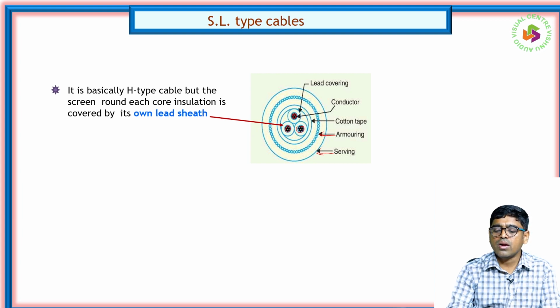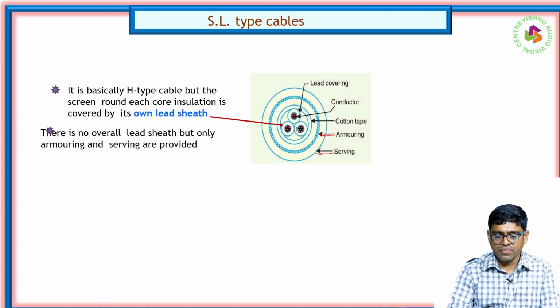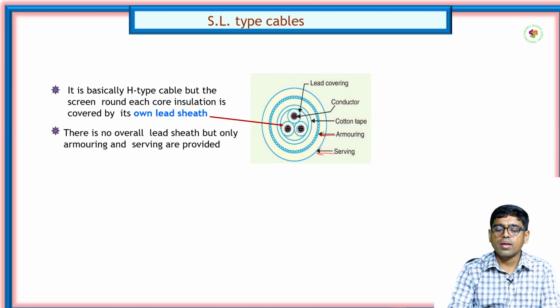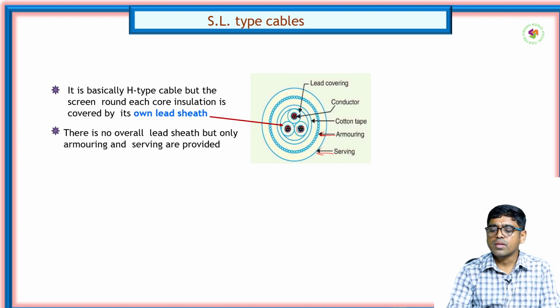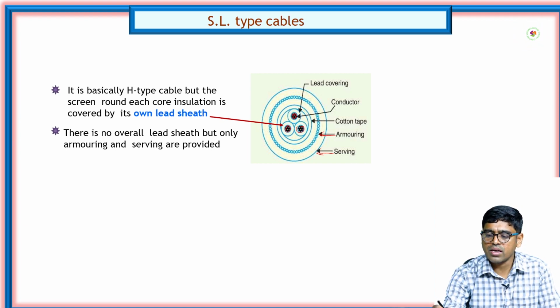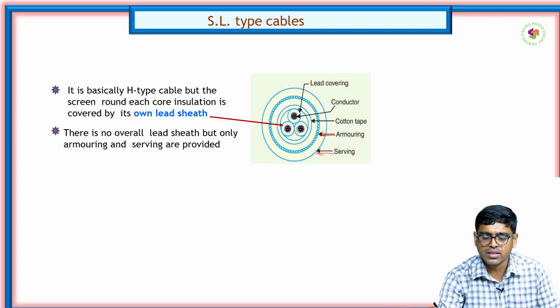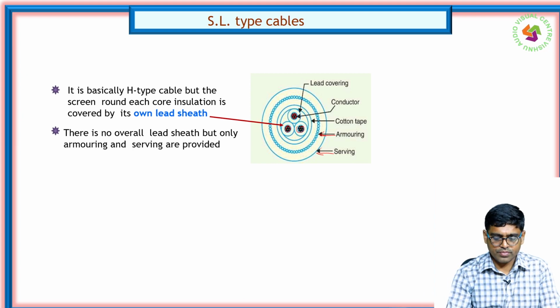There is a screen around each phase, so that is the difference. There is no overall lead sheath, only armoring and serving are provided. Each core has its own lead sheath.